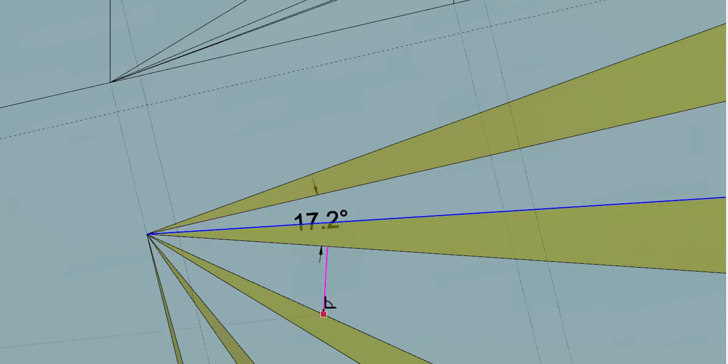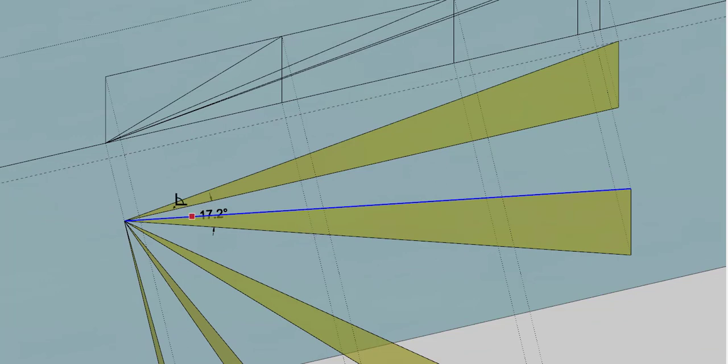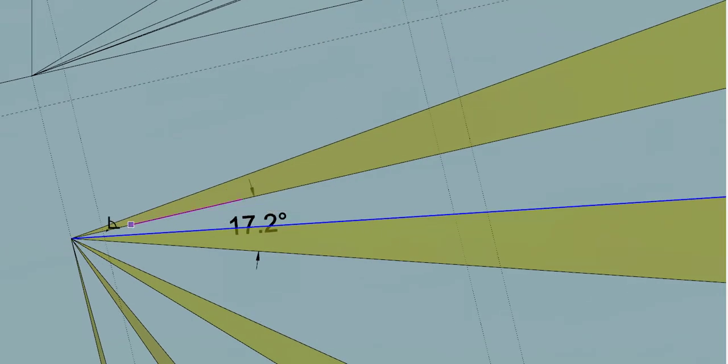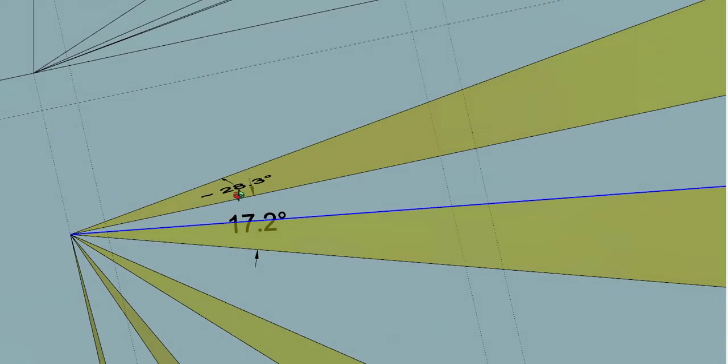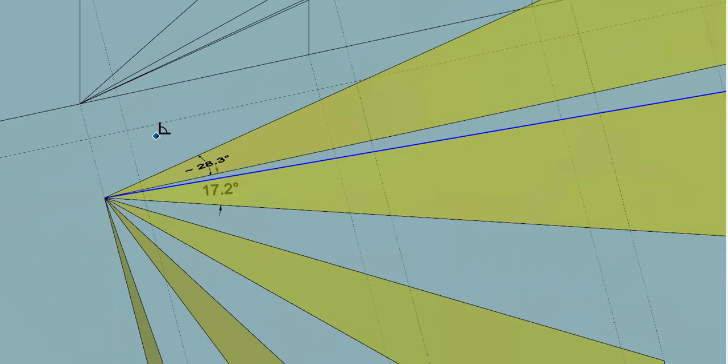I have rotated it by 17.2 degree. I had given an inclination of 17.2 degree to the vertical plane now, and starting with it I had given an angle of around 28.3 degree to the horizontal also.